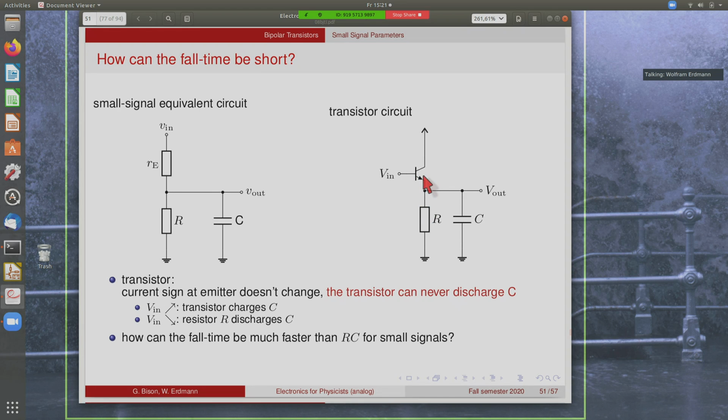So why can you have a fast fall time when you need to bring the current down? When you bring the output voltage down, you will somehow need to suck the charge out of the capacitor, but the transistor cannot actually do that. So you may wonder why you see this behavior that you would expect in the large signal case, but not in the small signal case.